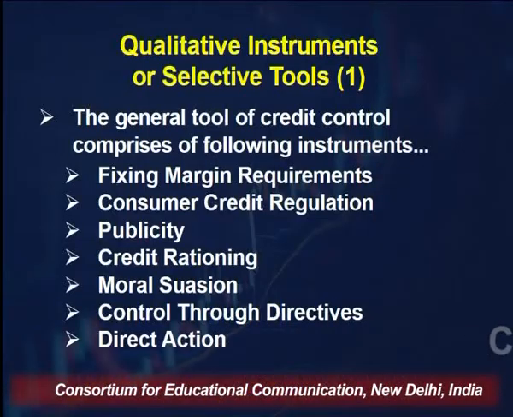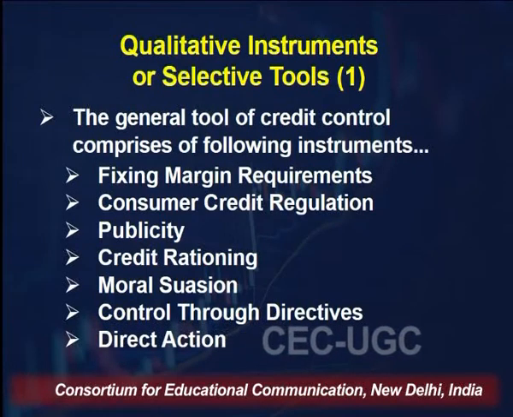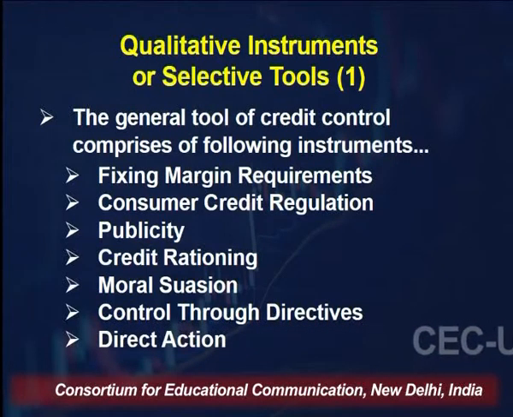So this method can influence the lenders and borrowers of the credit. The selective credit tools of credit control comprise the following instruments: fixing margin requirement, consumer credit regulation, publicity, credit rationing, moral suasion, control through directives, direct action, etc.